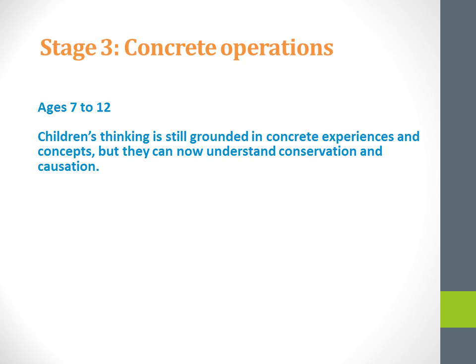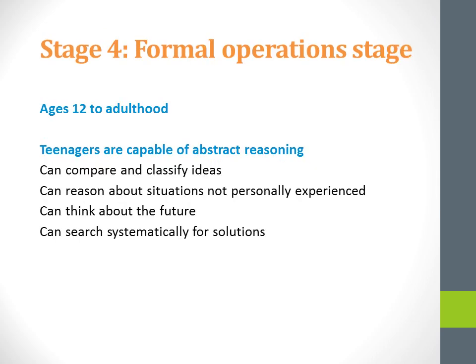In the concrete operational stage, ages 7 to 12, kids are still grounded by concrete experiences, but now they get conservation, right? They understand conservation, and they also understand cause and effect. And in the final stage, stage 4, the formal operational stage, age 12 to adulthood, children become capable of using abstract reasoning.